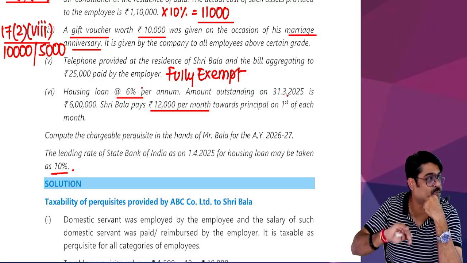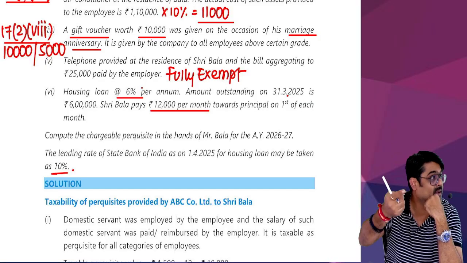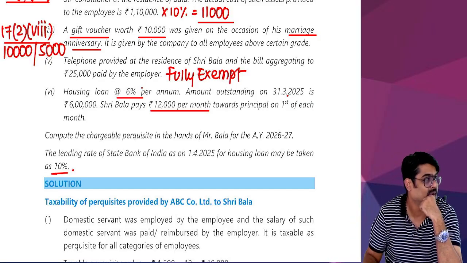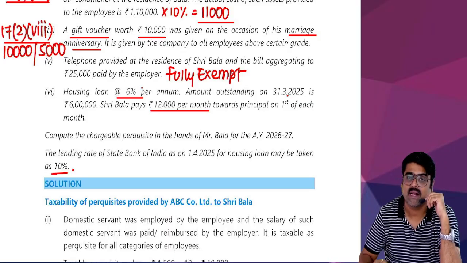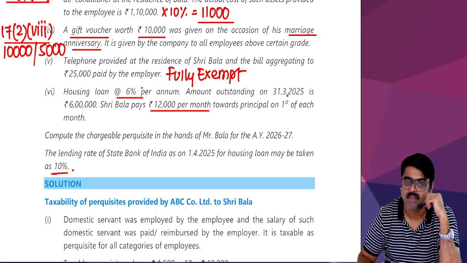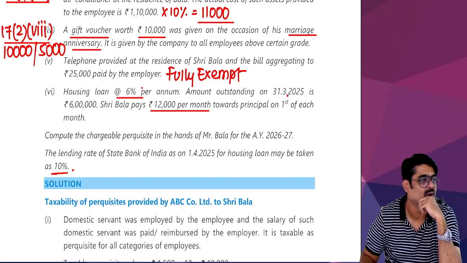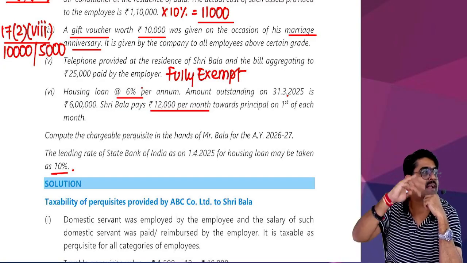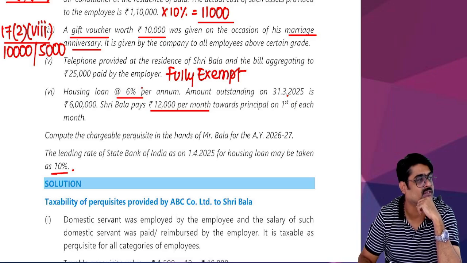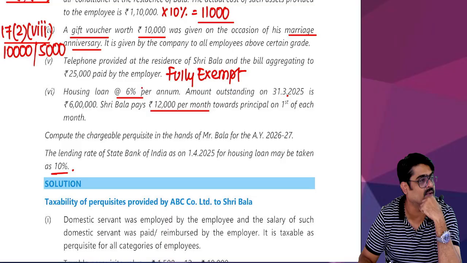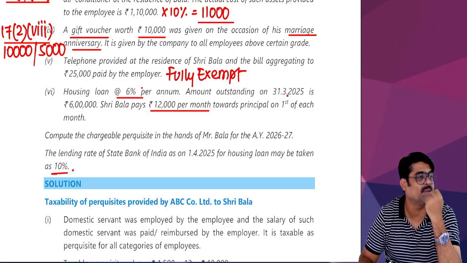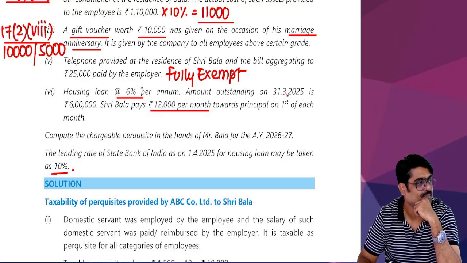Interest benefit is the difference between the reasonable rate and the rate charged by the employer. This 6% is the rate charged by the employer, and the SBI rate is the reasonable rate. So reasonable rate 10% minus the rate charged by the employer, 6%, gives a 4% interest benefit. That 4% on 5,88,000 into 1 by 12 will be the interest benefit for April. How much?